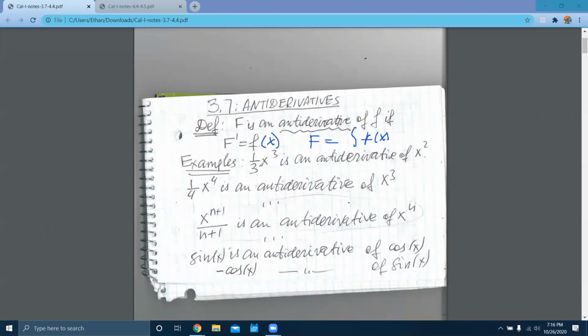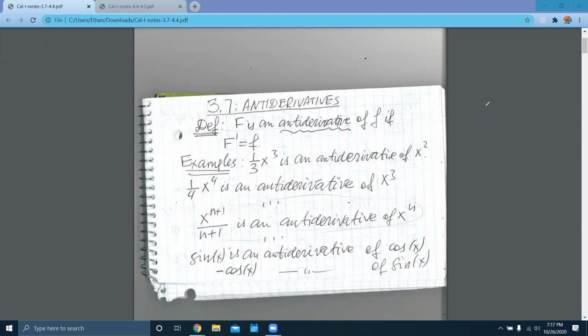So it says that 1 over 3 x cubed is the antiderivative of x squared. This checks out because you add 1, then you divide by the new number. Same thing here. And then here's that notation I just said: x to the n plus 1 divided by n plus 1, this is what the antiderivative is right there.